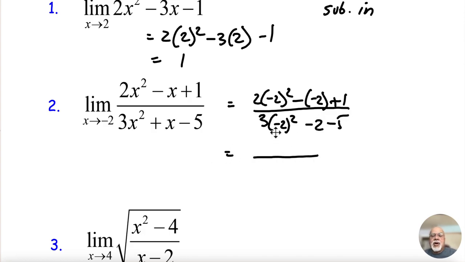And you can see at the bottom here, this will be 4 times 3 is 12 minus 7, so that's 5. And so since the denominator is defined and not 0, we can proceed. And so the top turns out to be 8 plus 2 is 10 plus 1 is 11. And so the answer is 8/11. And so this was also just done by subbing in the value.